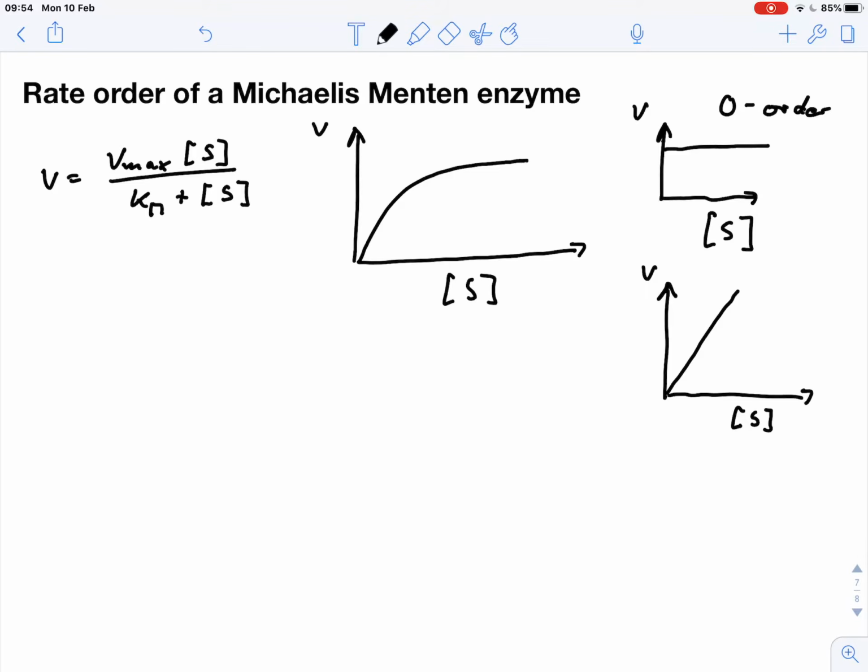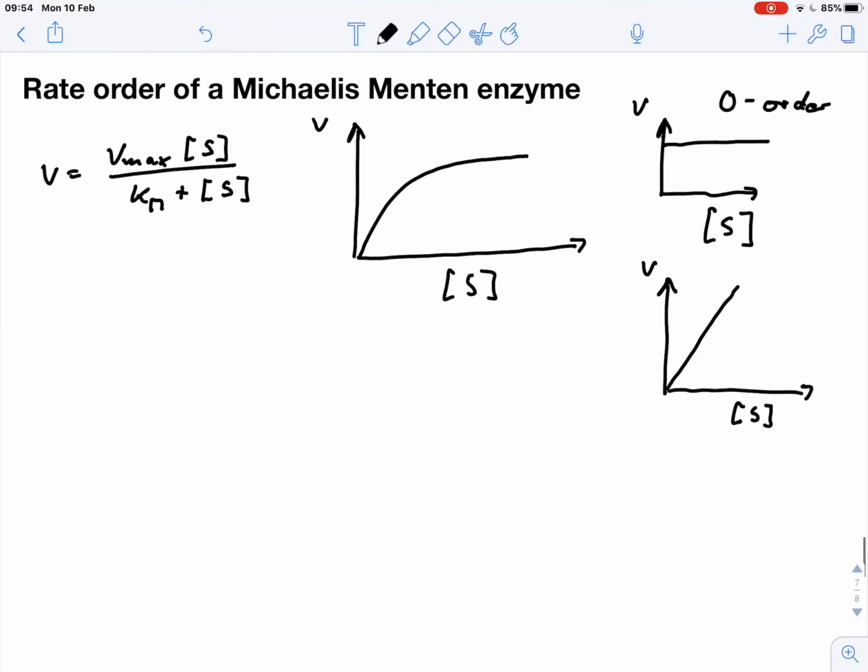So the first case, let's say that our substrate concentration is very, very large compared to Km. Let's say, for example, the substrate concentration is 10 times Km. We can calculate what our rate would be if we just put 10 times Km instead of S in our Michaelis Menten equation.